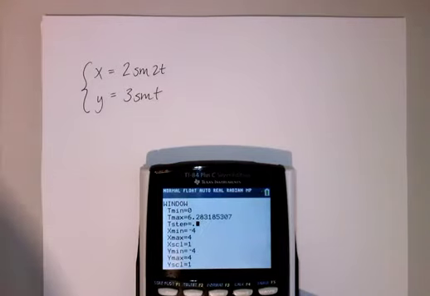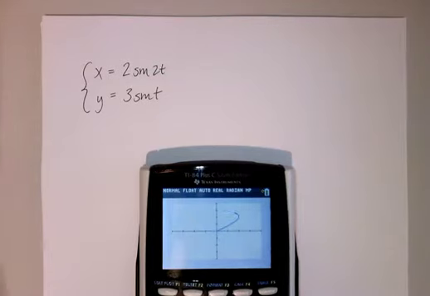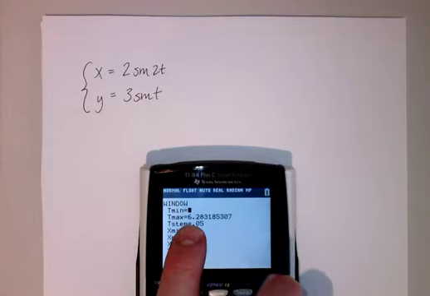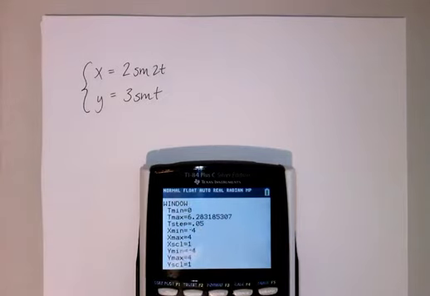Let's go 0.05, and then let's graph it. Okay, now we see that that's the shape, and we know that if we go back to the window, the t range was between 0 and 2 pi, okay? So we've got a pretty good idea of exactly what's going to go on there.